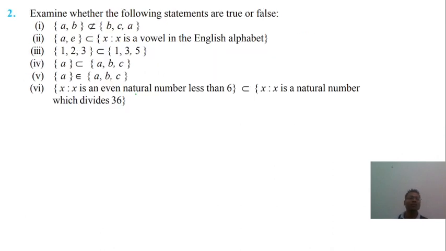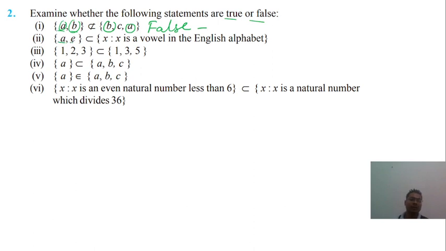Coming to question number second, we will have to put a true or false sign here. Okay, so here A, B is a subset of this, we find A, B here, so this is actually a subset and they are saying this is not a subset, so we will put a false statement here.